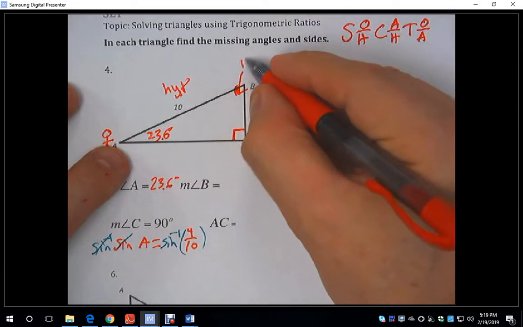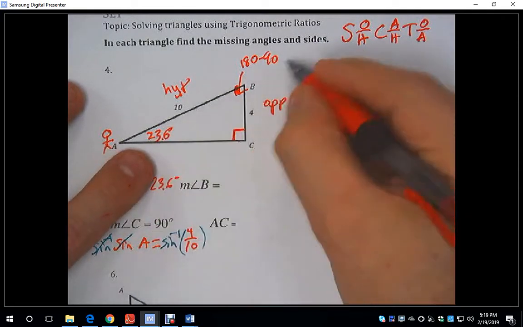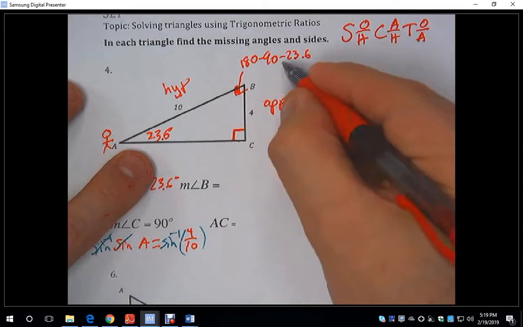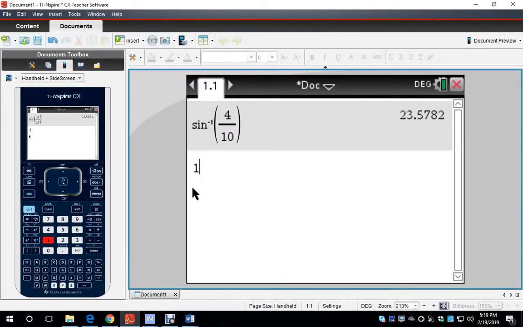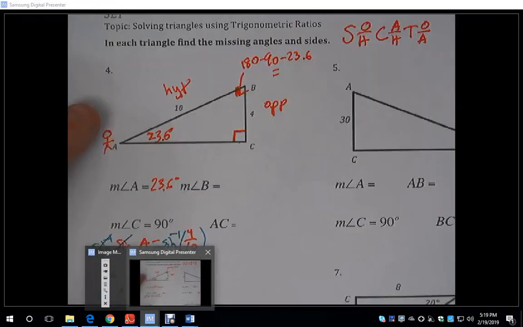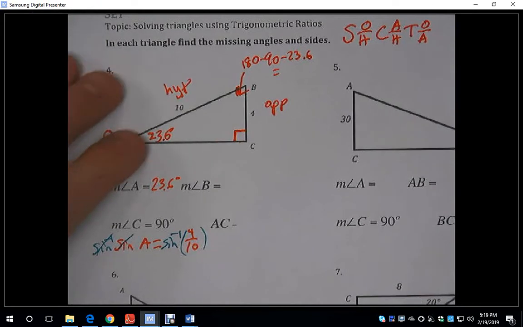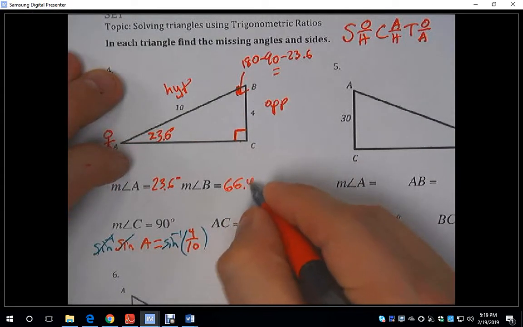So I'm going to take 180 minus this 90 here, minus this 23.6, and that gives me my missing angle. 180 minus 90 minus 23.6 degrees gives me 66.4. So my angle here is 66.4 degrees.